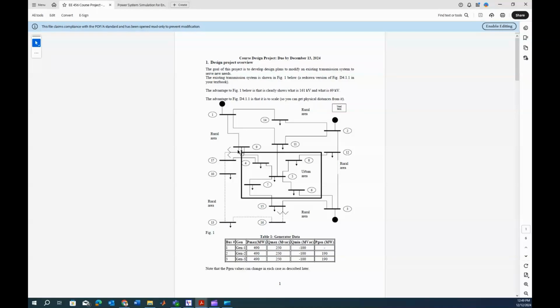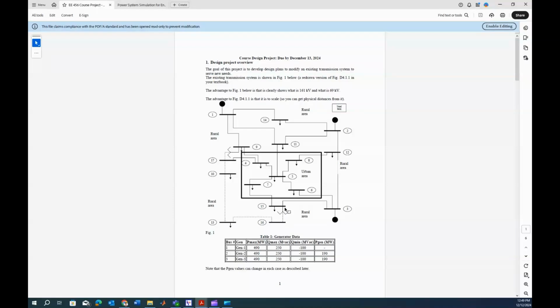And then you can see that here is a transformer, and after the transformer the dotted network is operated at 69 kV. So the entire dotted network is operated at 69 kV, and you can also see that there is a second transformer.